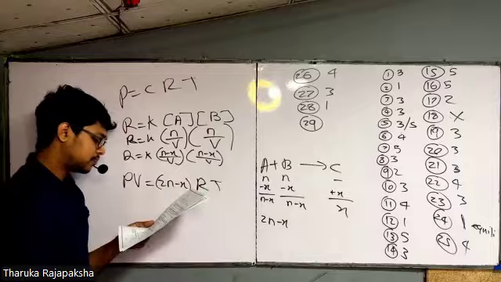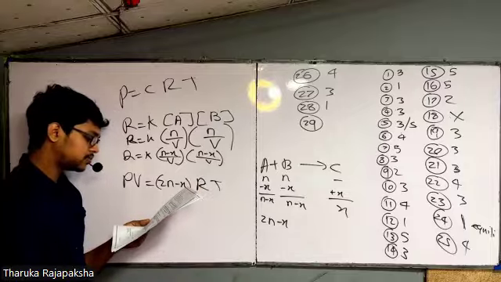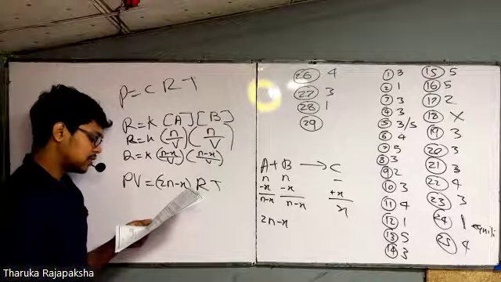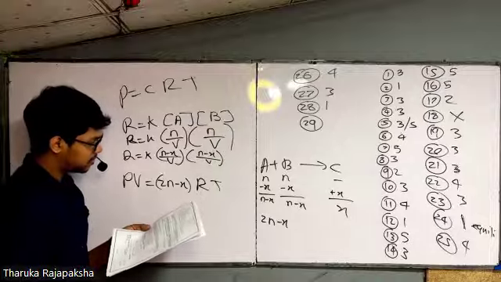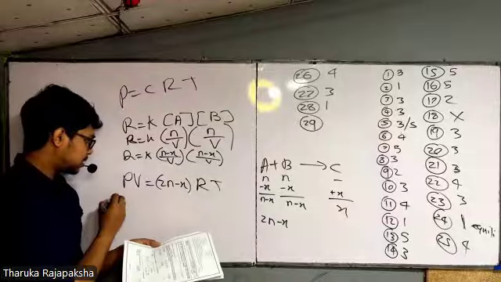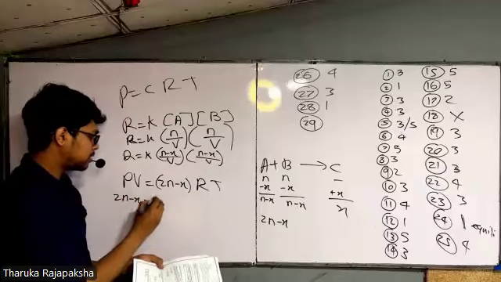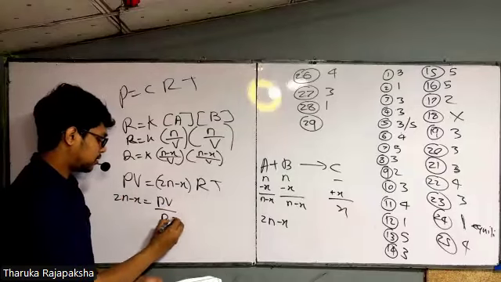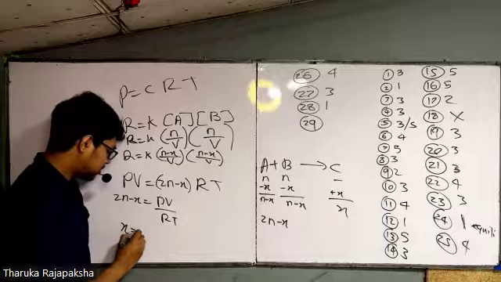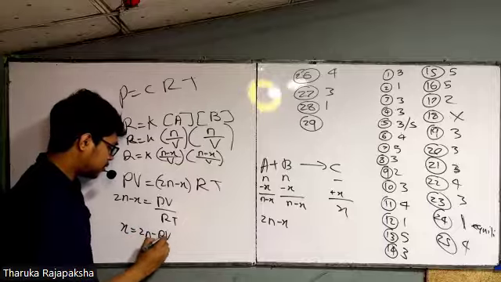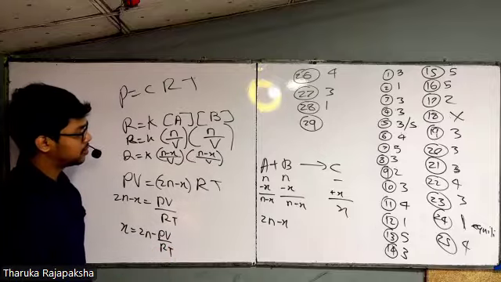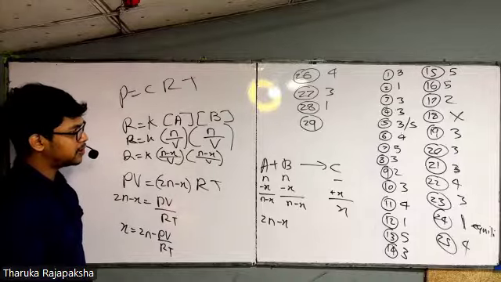Constant temperature. එතකොට we can write 2N minus X equals PV over RT, and then X equals 2N minus PV over RT.